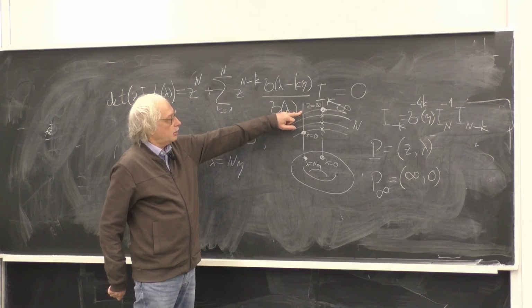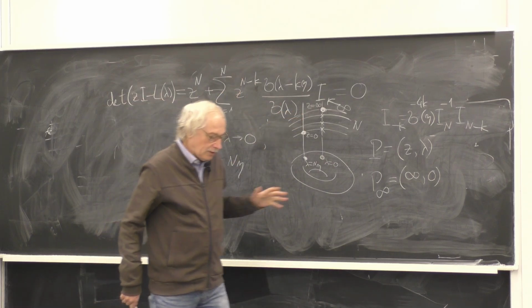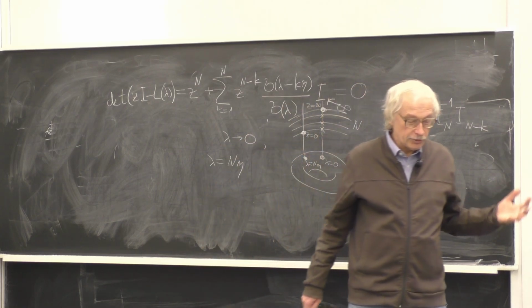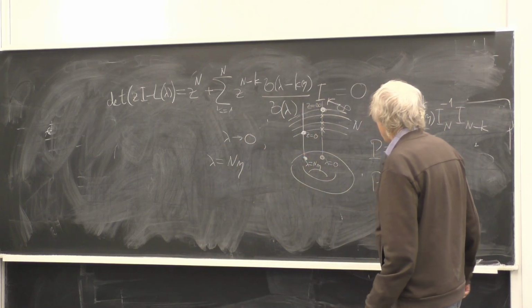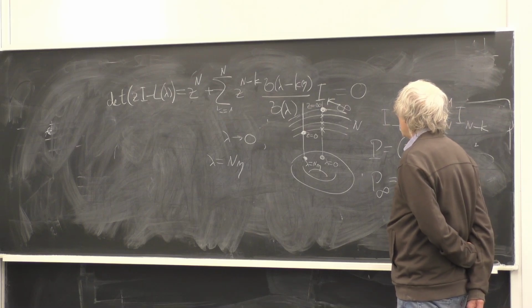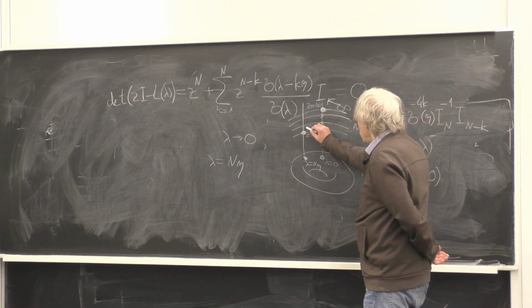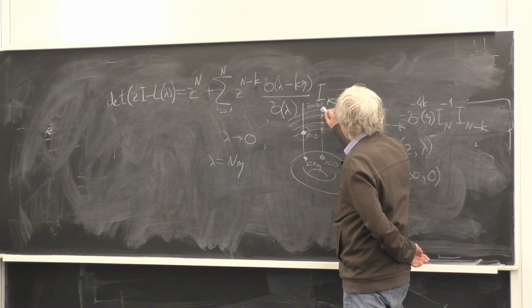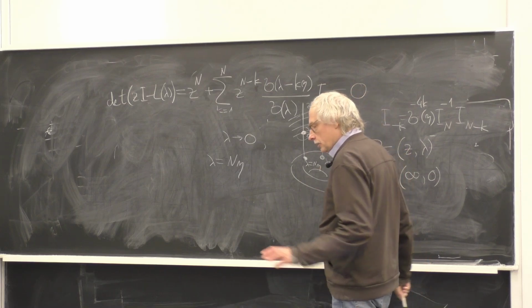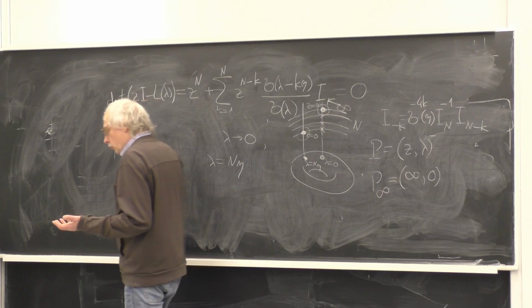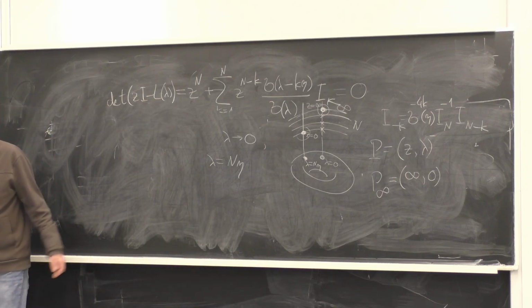All other solutions of this equation are some finite numbers. In this way, we can fix two special distinguished points on the curve, this one and this one. Unlike the Calogero-Moser model, where only one point was distinguished, here we have two.